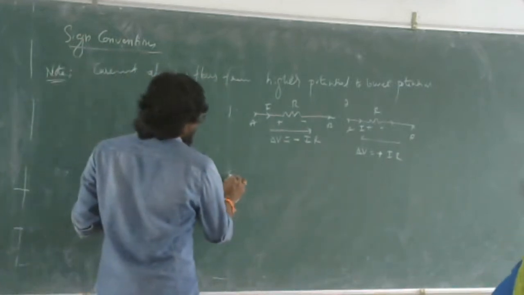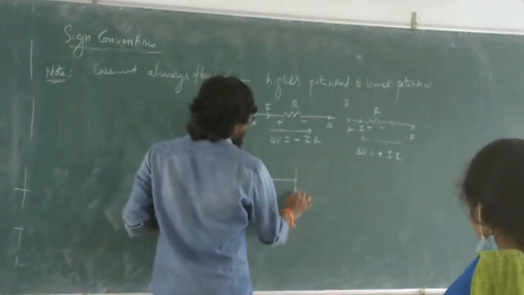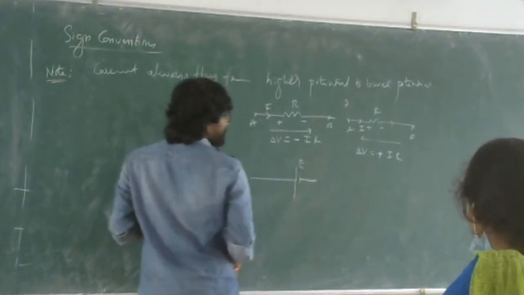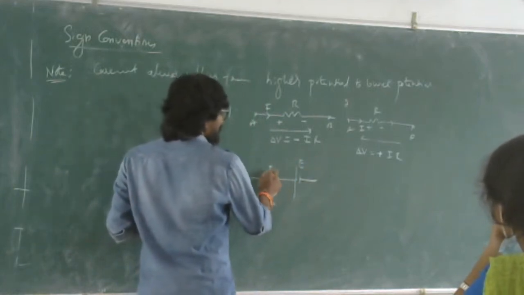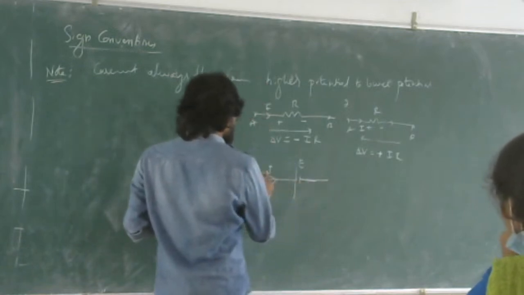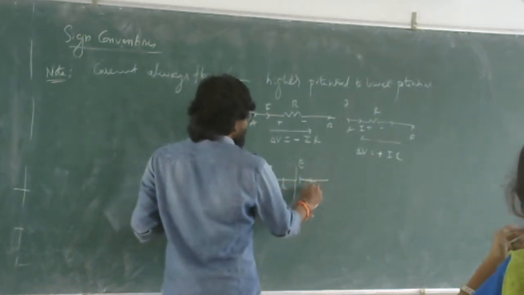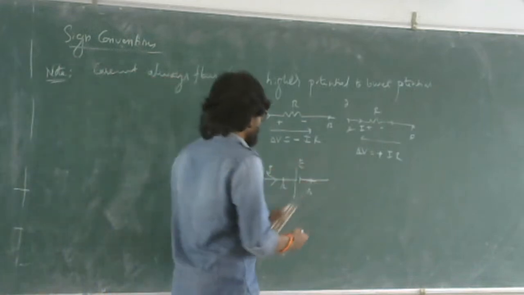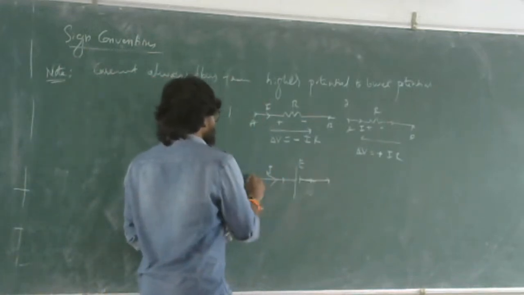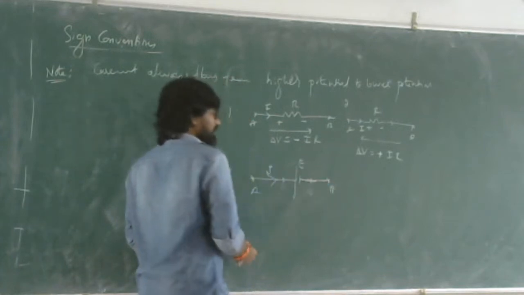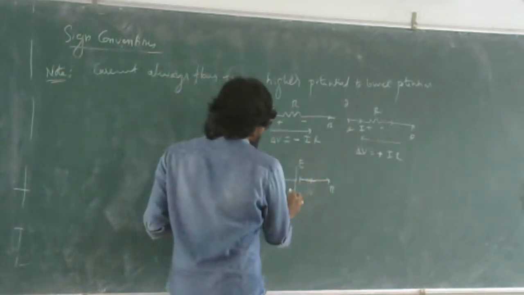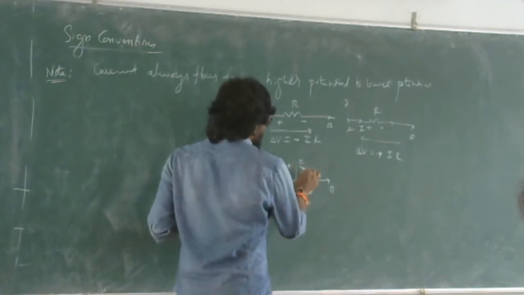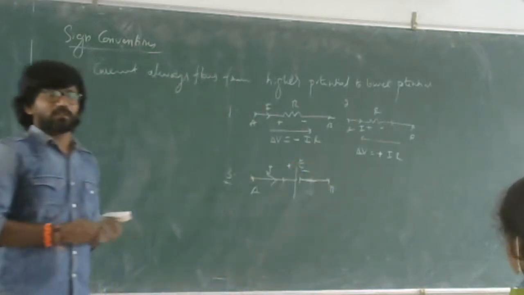Whereas for a cell with EMF E, the current I is entering into the cell. This is terminal A, this is terminal B. For a battery, always take the bigger line as higher potential and the smaller line as lower potential.